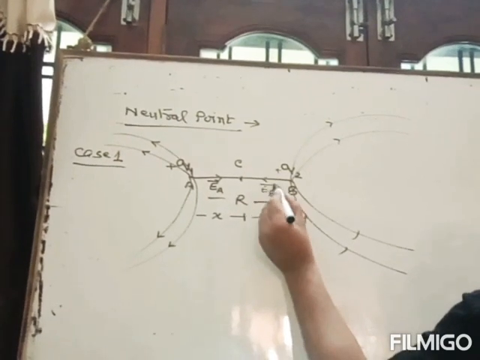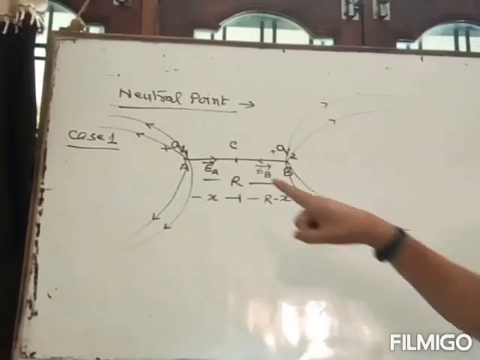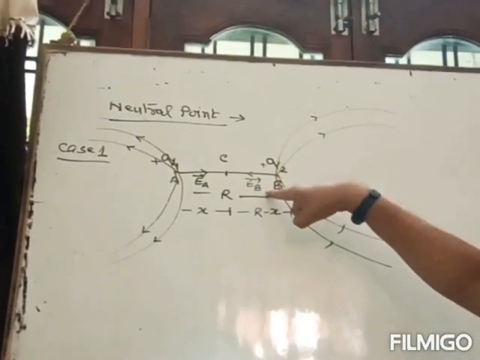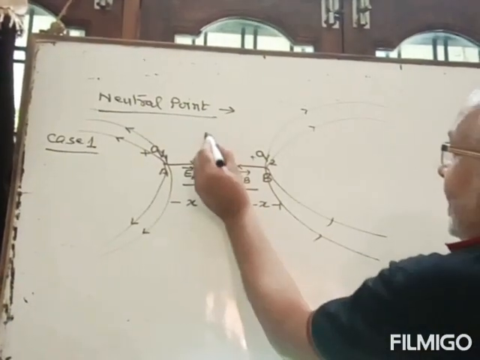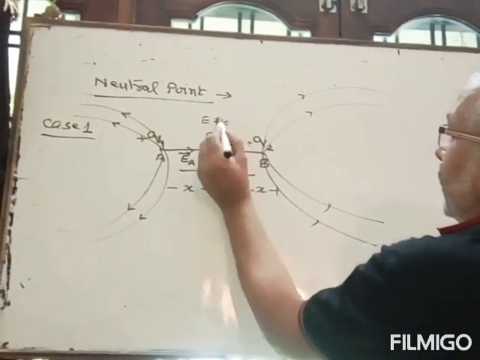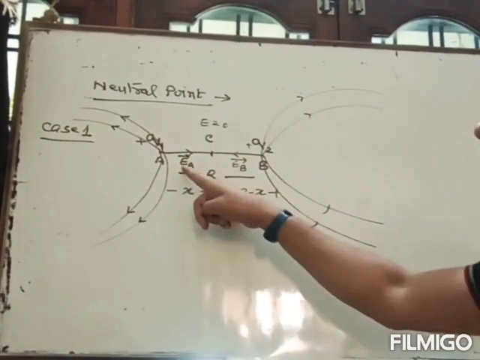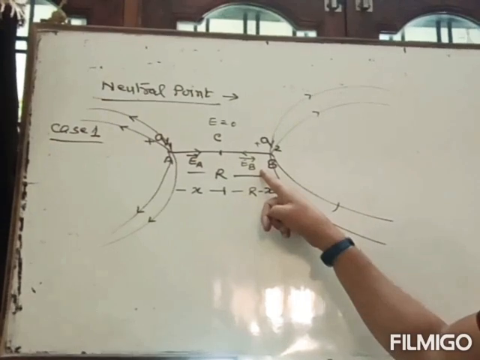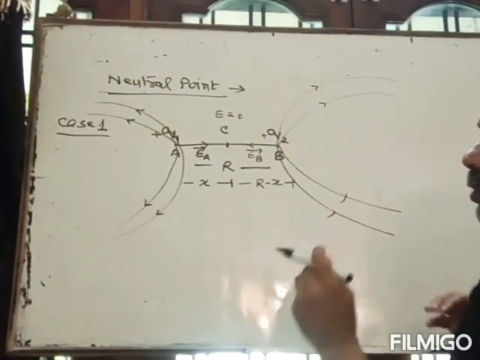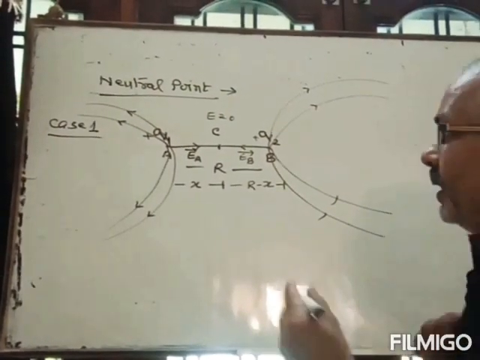So see here, at point C the directions of EA and EB are opposite, and the resultant EFI is 0. It is possible only when the magnitudes of EA and EB are the same, because the resultant vector becomes 0 if their magnitudes are the same and direction is opposite.